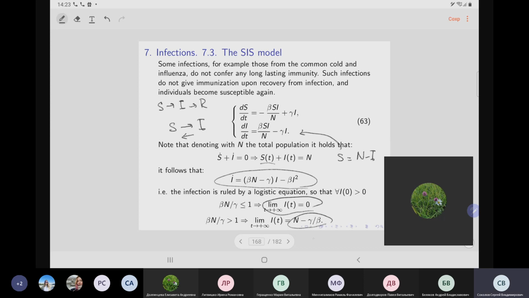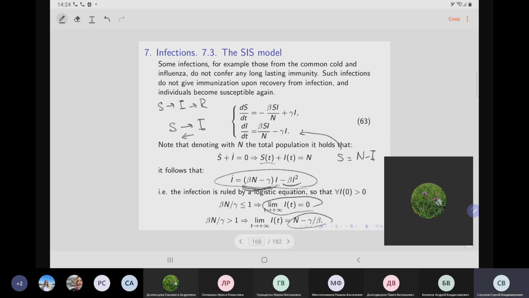It's not that difficult to prove. What do we see? If beta N divided by gamma is less than 1, we see that both of these terms are negative, and I dot is always negative. So since I is decreasing, it will decrease to 0.